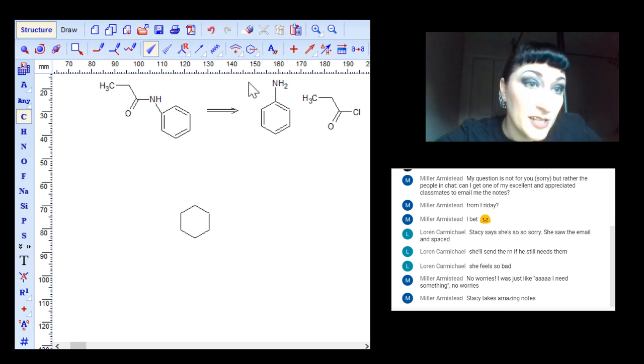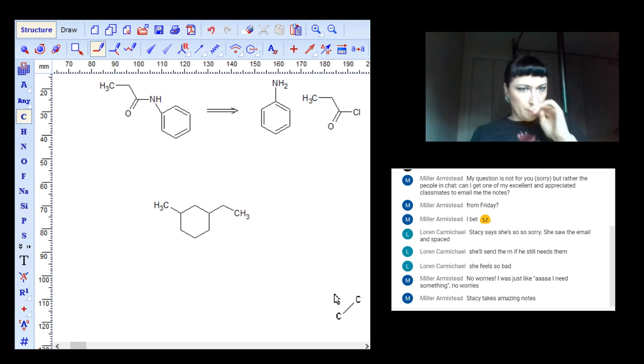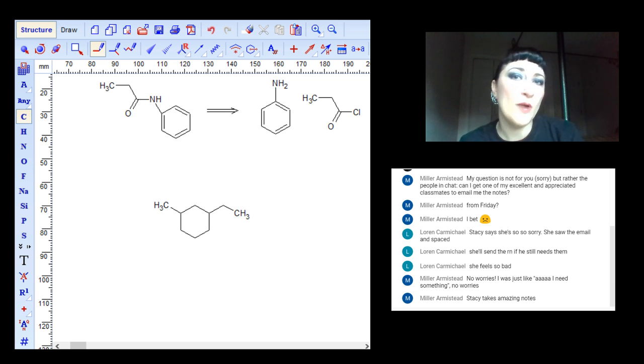Anyway, Zelly asked me a question on email earlier, and it's a good question, one of those little nomenclature things. I don't want to call it an exception, but sometimes things become ambiguous. With the molecule I have here, how would you know how to number it?